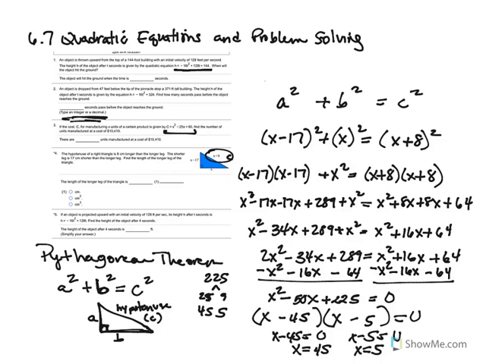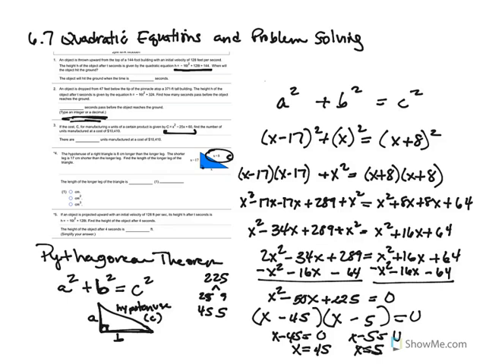We're going to substitute those in. If we use x equal to 5, you wouldn't be able to have a negative 17. 5 minus 17 wouldn't work, because this side is 17 shorter than that length, and you couldn't have a negative side.